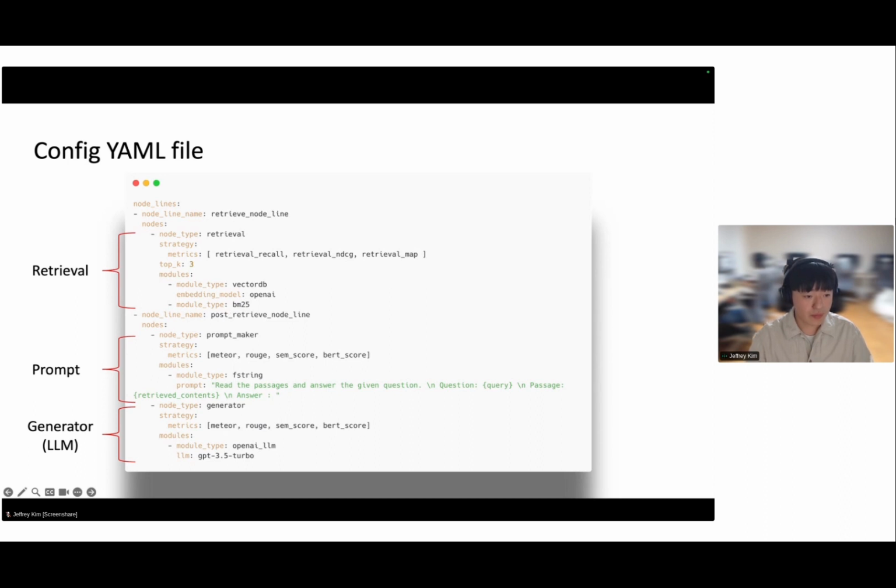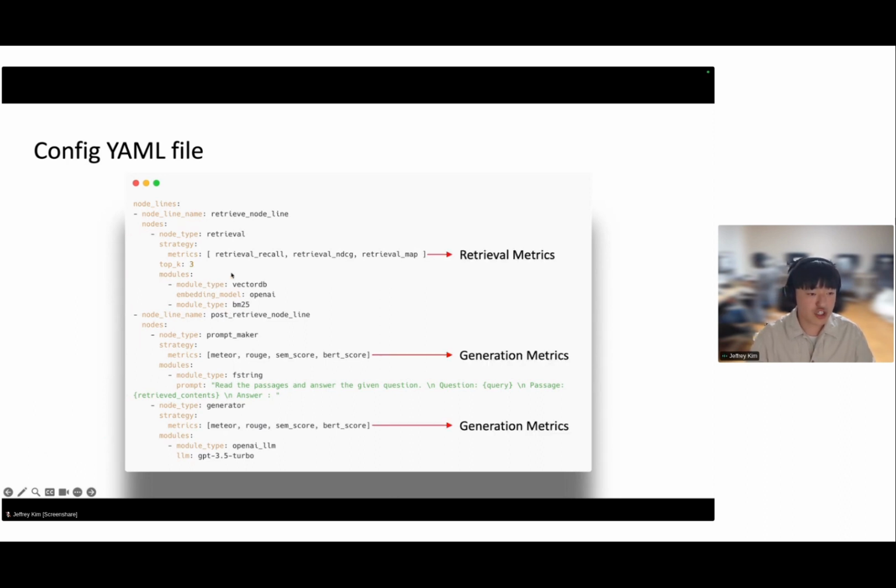And in each node, you can set what metrics you want to use. There are a total of 6 metrics in retrieval right now in AutoRAG, but in this benchmark, you may want to use just recall, NDCG, and MAP as retrieval metrics.